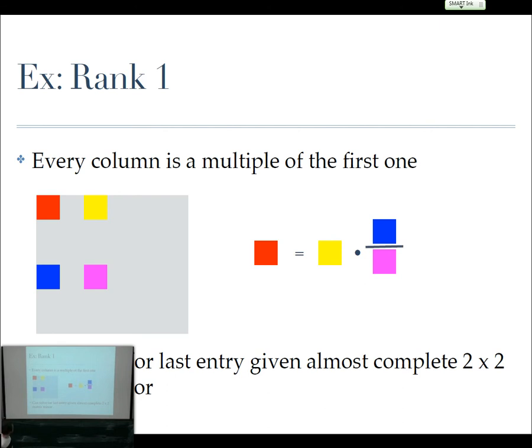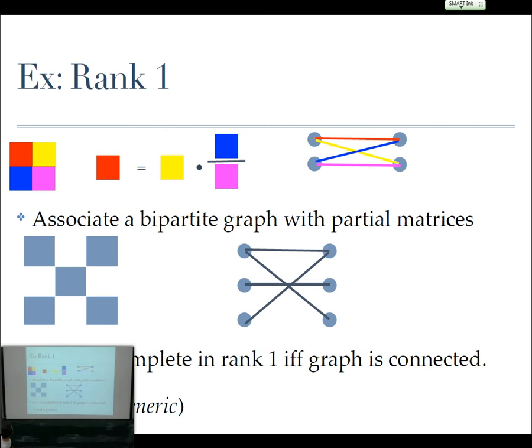What's going on is that it's a rank 1 matrix, so the 2 by 2 minors vanish. The little formula I've written just says if I have 3 entries in a 2 by 2 minor, I can get the last one. This might suggest something, and this problem has a really simple combinatorial structure.